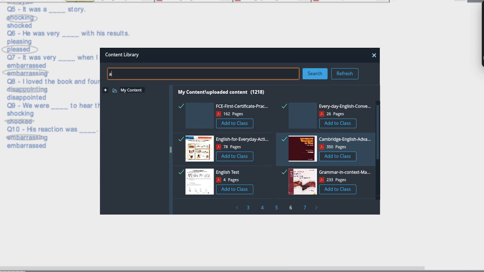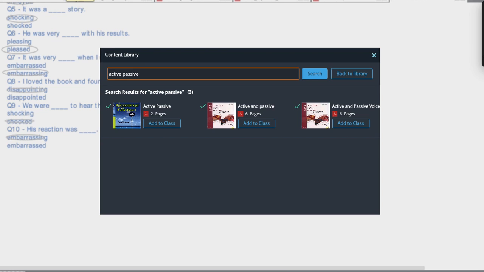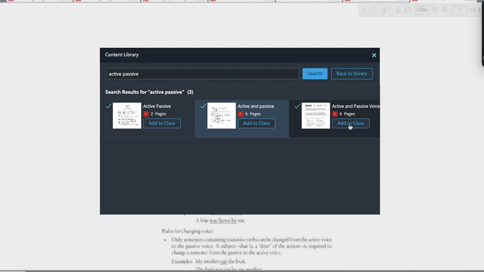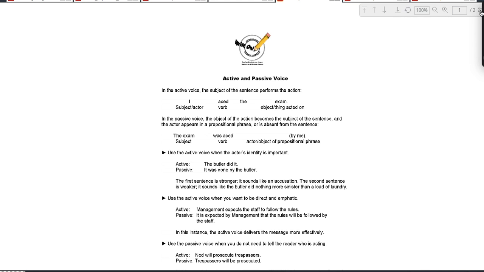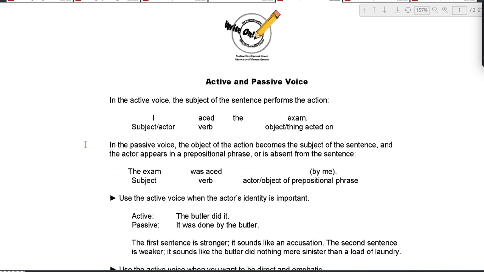Okay. Do you know anything about active passive? Active voice and passive voice? Have you ever seen this active and passive voice?